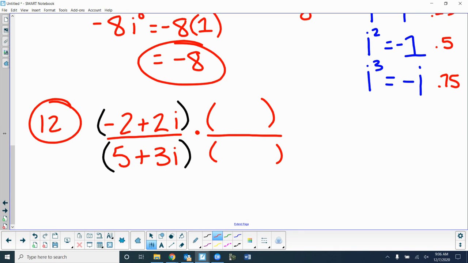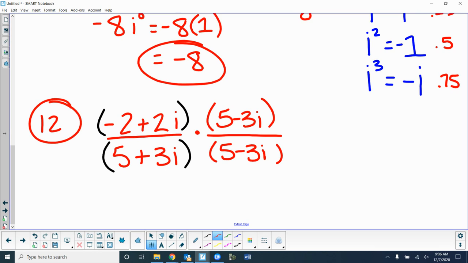It's okay to have i's in the top, so I don't worry about what's in the top. I want to get rid of the i in the bottom. So its complex conjugate is 5 minus 3i. You just put it over itself, because anything over itself is 1, and anything times 1 is itself. So it's going to look different, but basically all we're doing is multiplying by 1. So we FOIL.